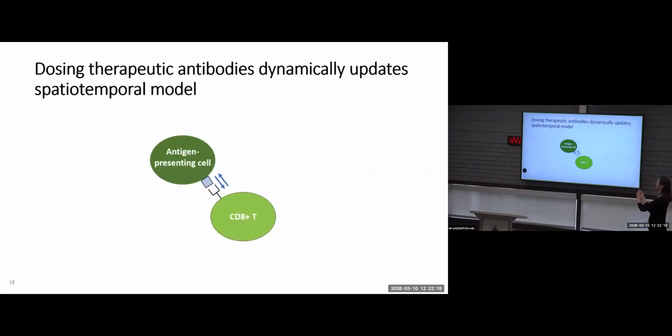So I'll revisit some of these dynamics I've sort of introduced previously. The idea of the next iteration, I'll say version 2 of this model, is now are we not only accounting for these dynamics, the antigen presenting cell interacting with the T cell in an attempt to turn it off, we're now introducing therapeutic antibodies.